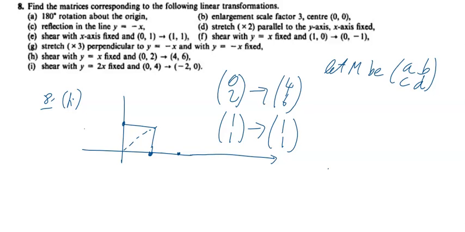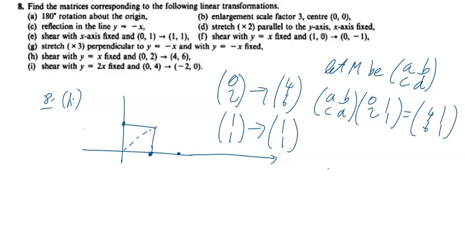But you could say then if you applied your matrix (A, B, C, D) to the column vector (0, 2), you would get (4, 6), and also if you applied your matrix to the column vector (1, 1), you would get (1, 1). So that's a nicer way of writing it. So a 2 by 2 times a 2 by 2 is equal to a 2 by 2. So if we just go through this, we're just going to do this using simultaneous equations.